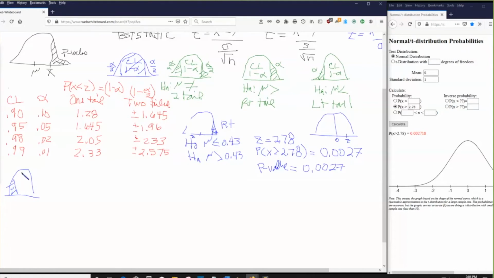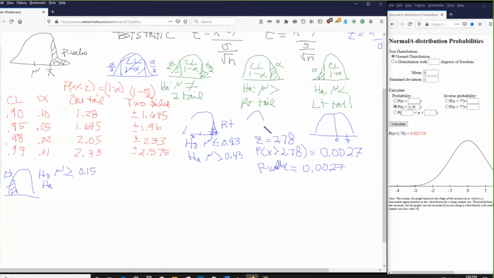Okay, so if I want a left-tailed test, let's say I'm given a null hypothesis where the mean is greater than or equal to 0.15. The alternative, so this would be here. Let's write this a little better.